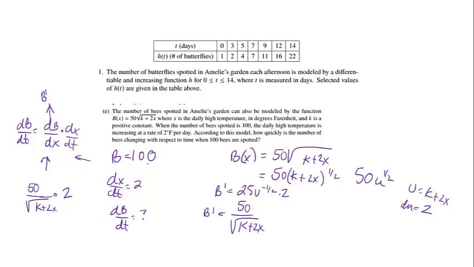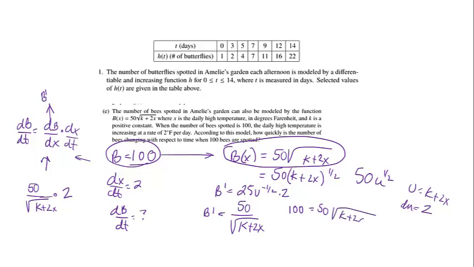It said it was happening when b is equal to 100, so I need to do something with that 100. So I'm actually going to go into this formula right here for a little side trip. So I'm going to have 100 equals 50 square root of k plus 2x. I'm going to divide both sides by 50, so that's going to give me 25 equals the square root of k plus 2x. To get rid of the square root, I'm going to square both sides.